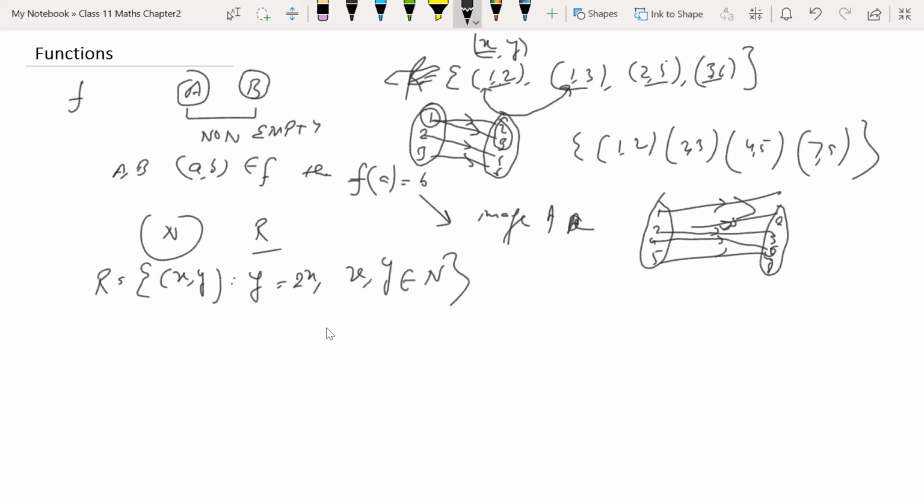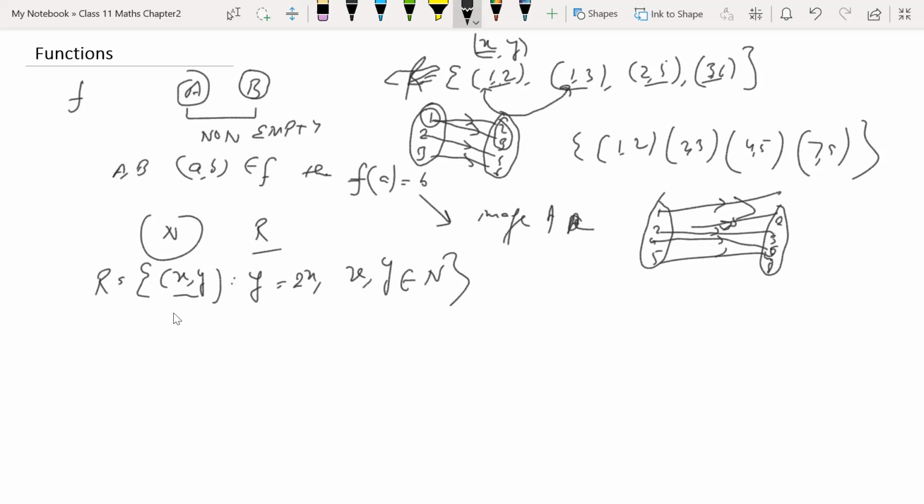This is a relation in set builder form. What does this relation mean? There are two elements x, y. y is equal to 2x. It means y is always an even number, because it is multiplied by 2.